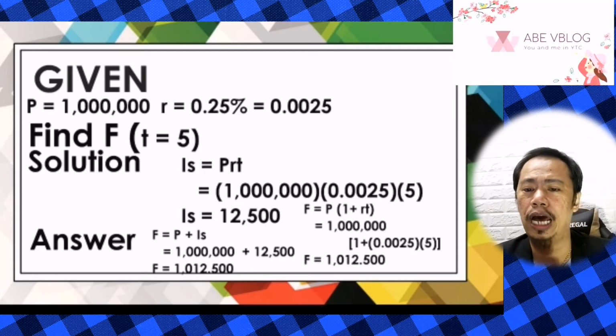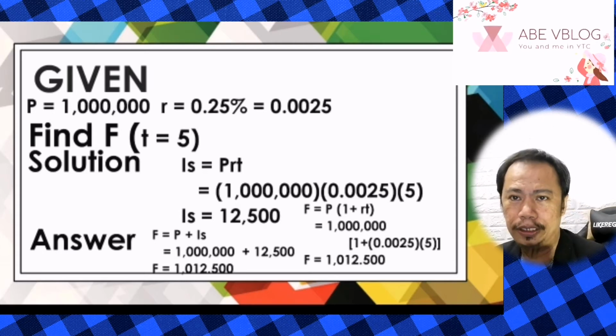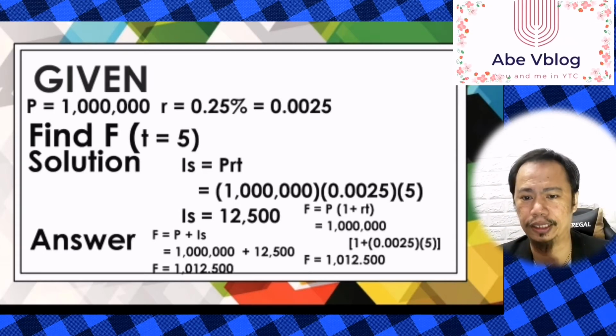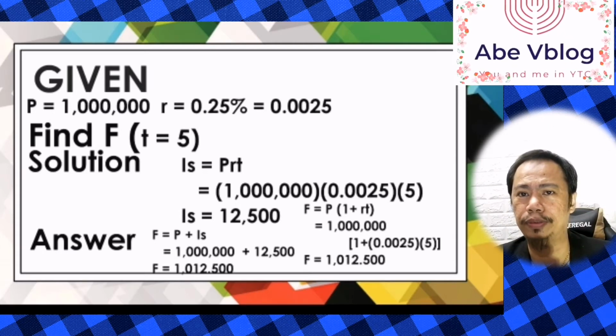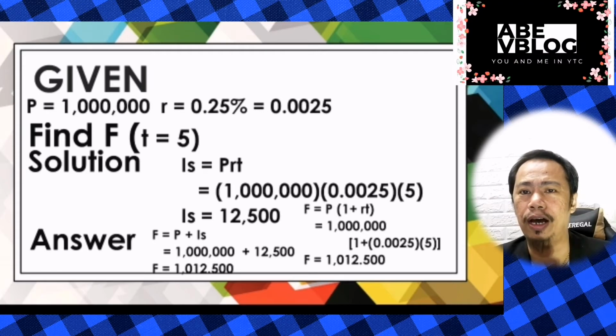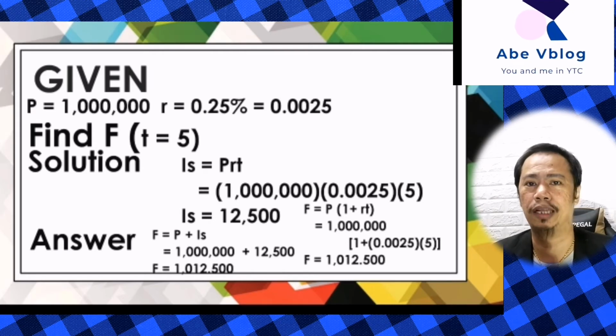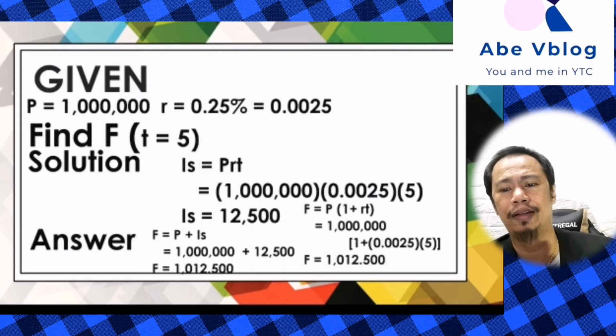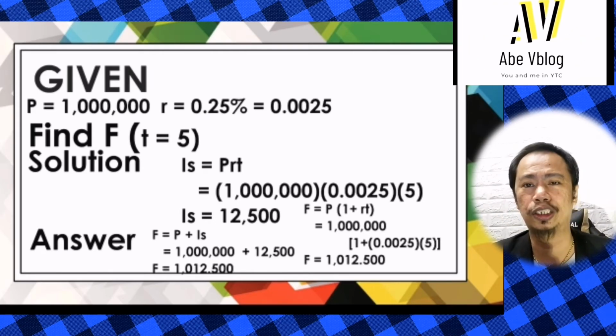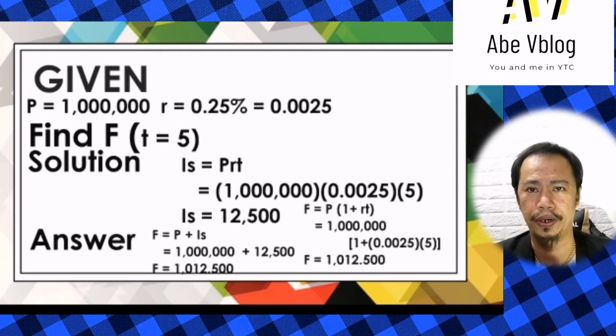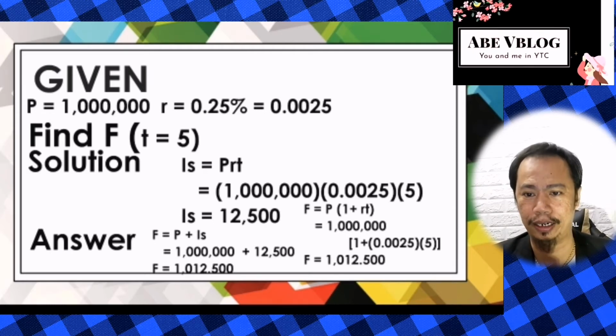Now we have F is equal to P plus IS. So 1 million plus 12,500. So our future value will then be 1,012,500.